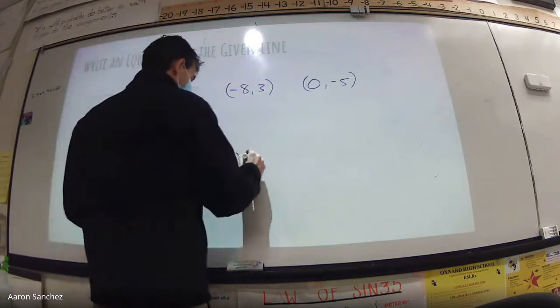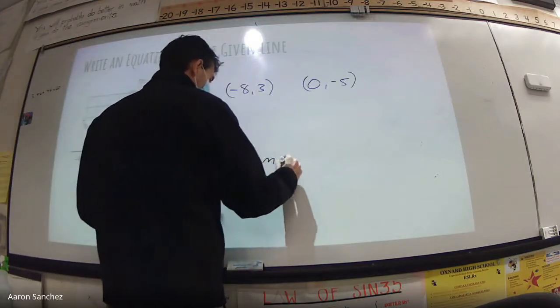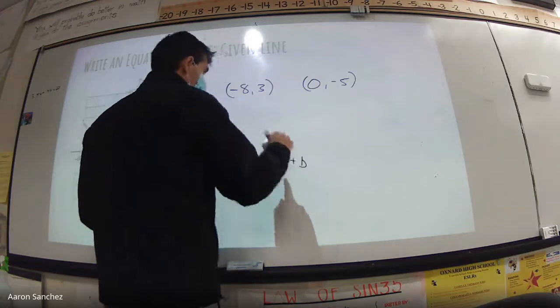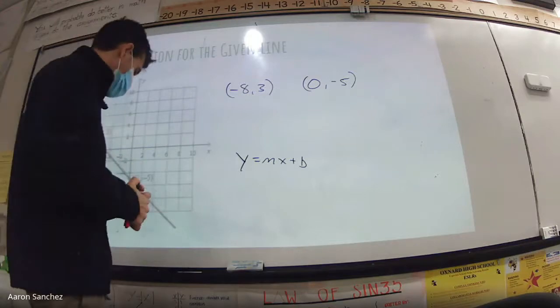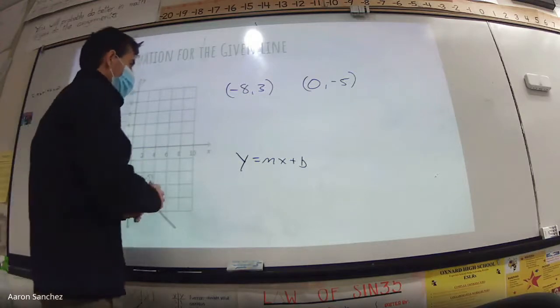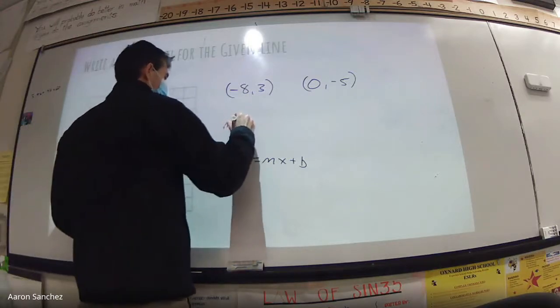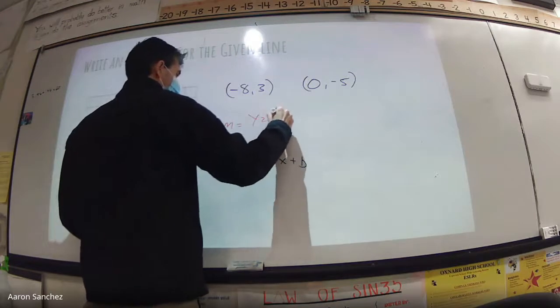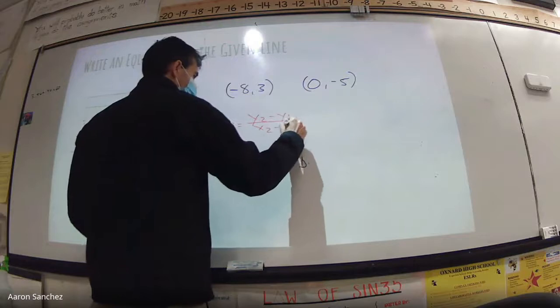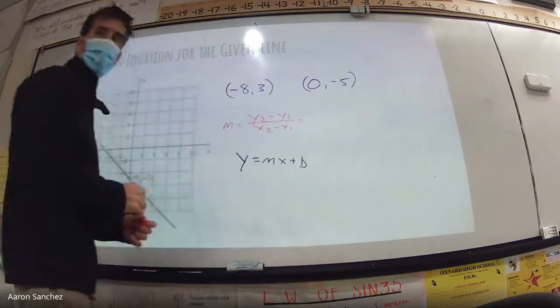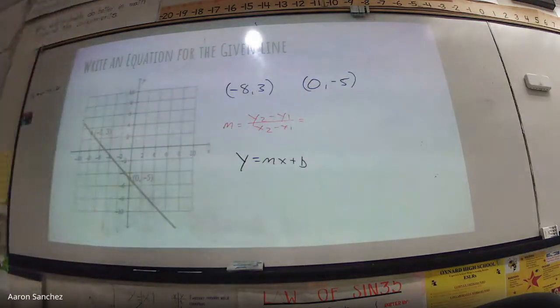We want it in y equals mx plus b. So find the slope first. Everybody solve for the slope, where m equals y2 minus y1 over x2 minus x1. Solve for that slope.